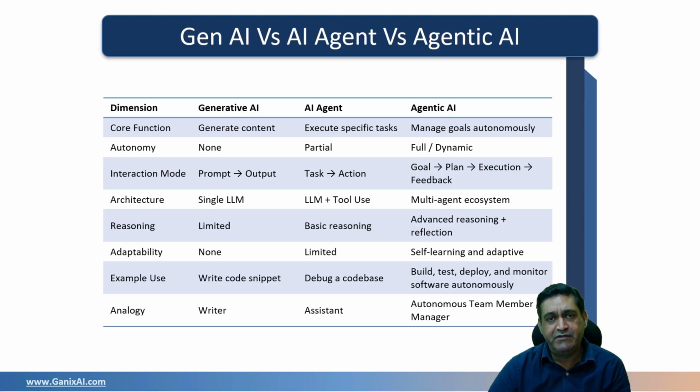Reasoning is very limited. Adaptability is not present in Gen AI. For example, you can ask it to generate code, and because it is content generation, it will generate the code.